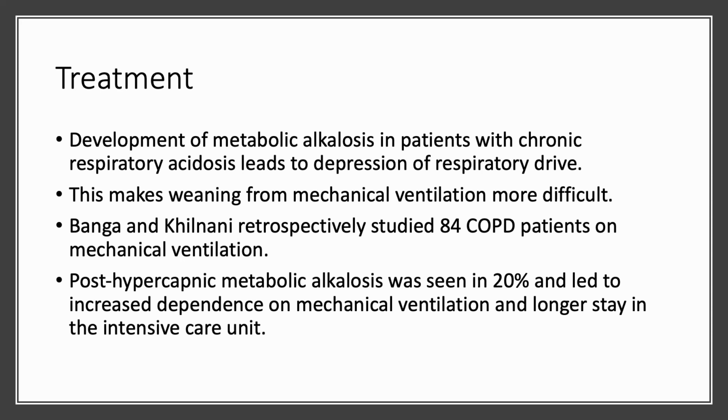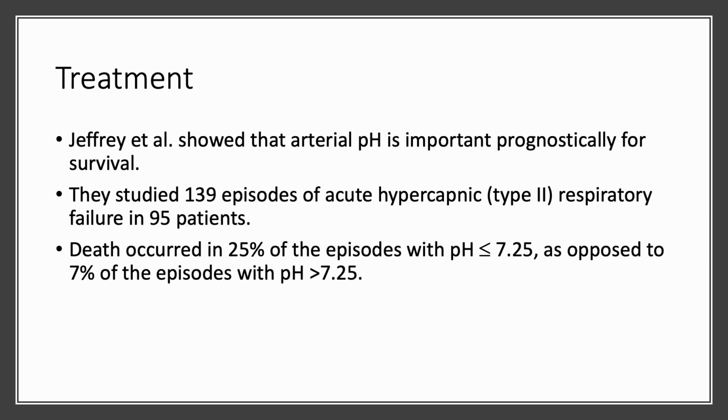There was a retrospective study of 84 COPD patients on mechanical ventilation, and post-hypercapnic metabolic alkalosis was seen in 20%. That led to increased dependence on mechanical ventilation and a longer stay in the intensive care unit. Another study by Jeffrey showed that arterial pH is important prognostically for survival.